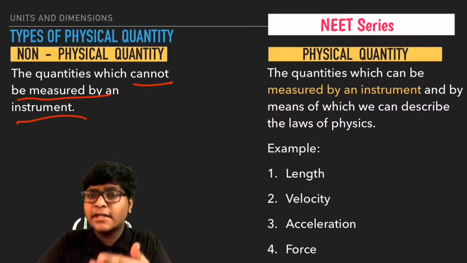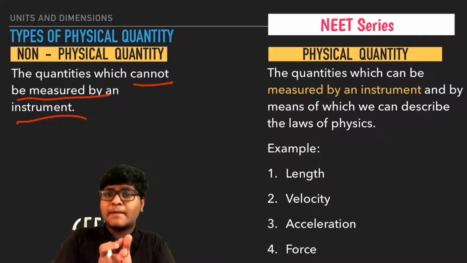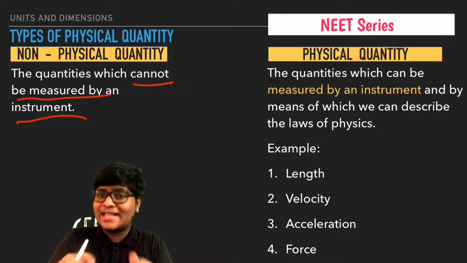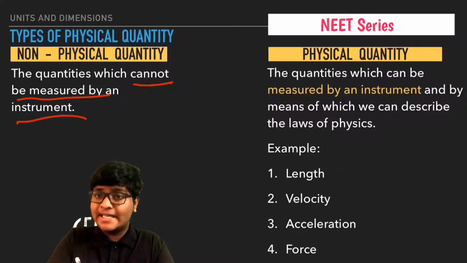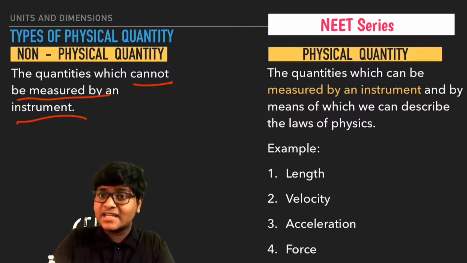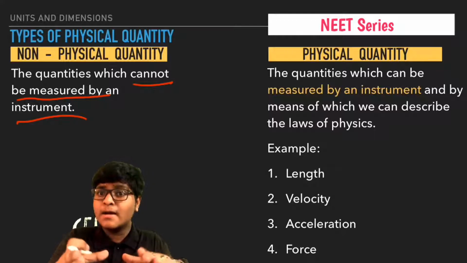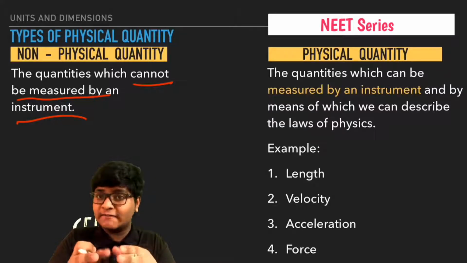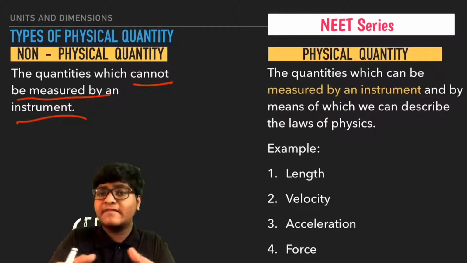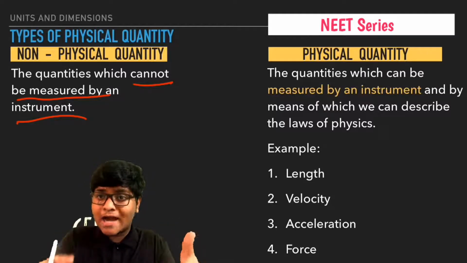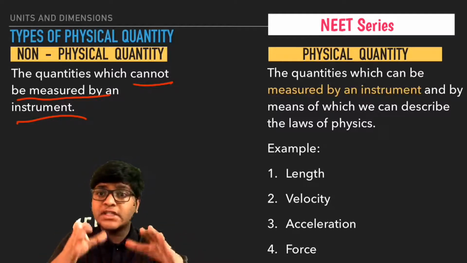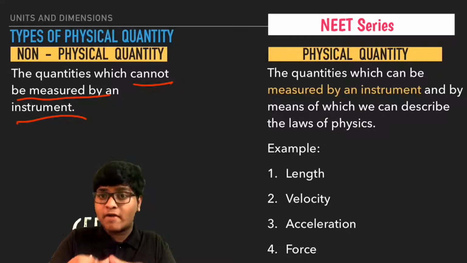For example, if you mention school, car, bus, building, without mentioning anything like area, length, width or height, it doesn't make any sense. It doesn't require any measurement. We didn't mention the area of the building, the cardboard, or the blackboard, so that's why it's a non-physical quantity.